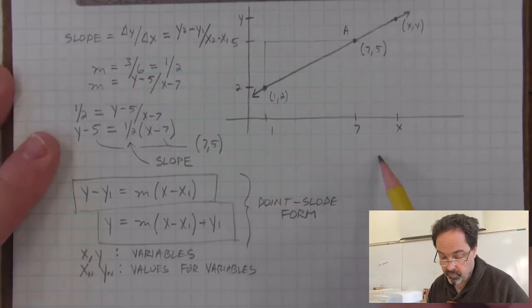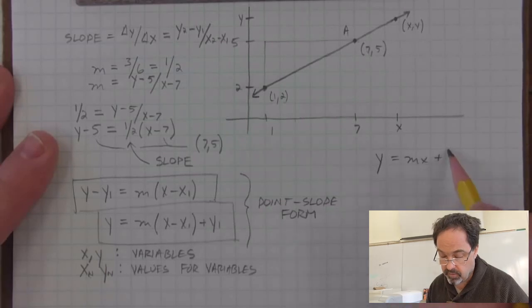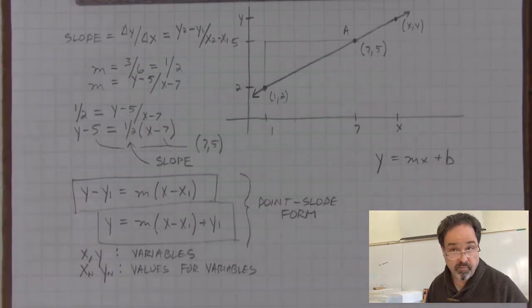There's another common form of linear equation we call slope-intercept form. And it's often the first abstract form of a line that students learn in Algebra 1, or maybe before.